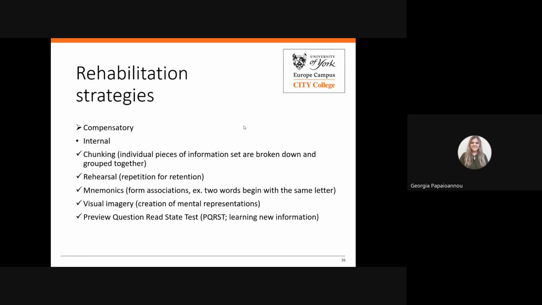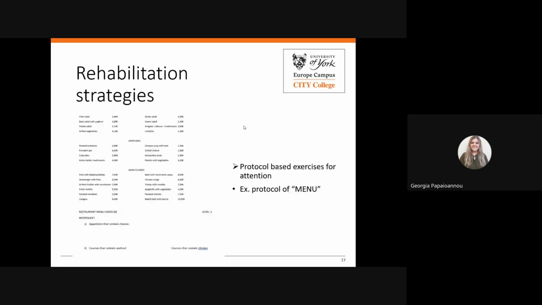Visual imagery has to do with creating mental representations. And the preview question read state test, PQRST, which is a strategy to help the patient learn new information.